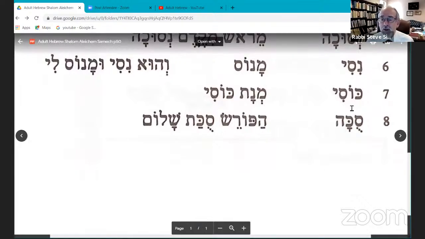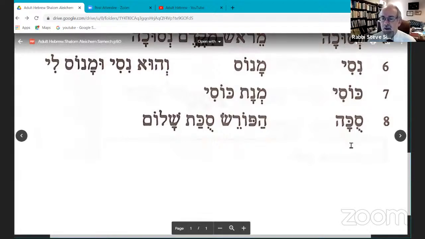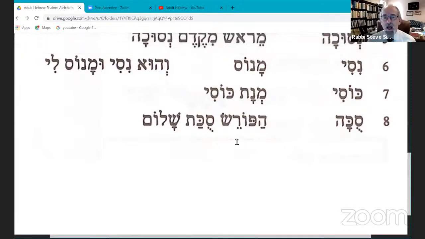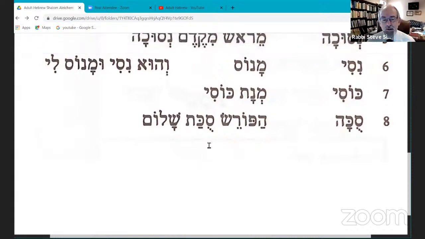Kosi, Menat Kosi. Line 8. Suka, Hapores, Sukat Shalom. This is from a prayer said on Friday night.